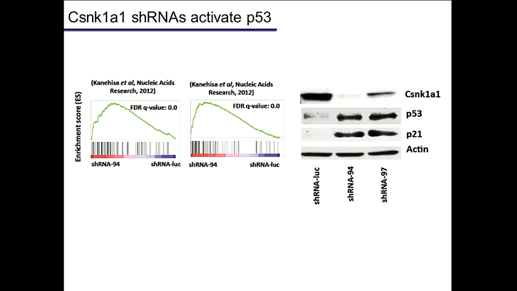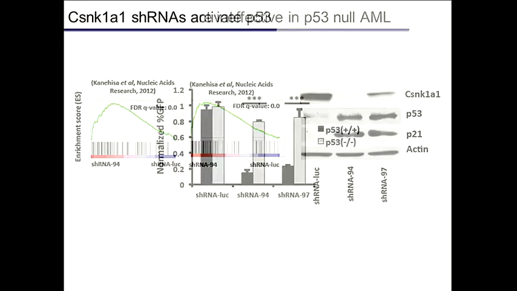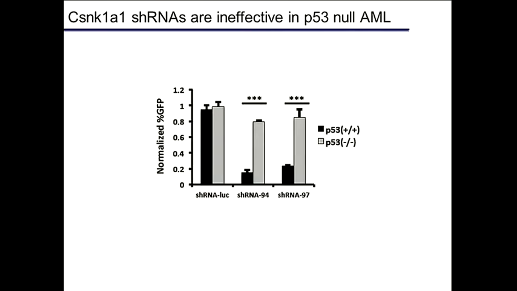In fact, we know that in del(5q) MDS, patients who respond to lenalidomide and then go on to relapse and develop AML generally develop mutations in P53, consistent with this mechanism. Similarly, here we could take a leukemia that is sensitive to knockdown with casein kinase 1 alpha. If we make a leukemia in a P53 null background, these are MLL-AF9 leukemias, the shRNAs don't kill the leukemia at all. So this is really a P53 dependent mechanism.